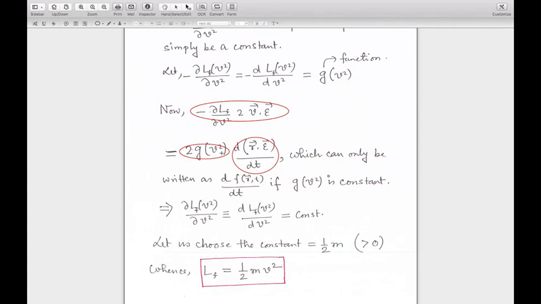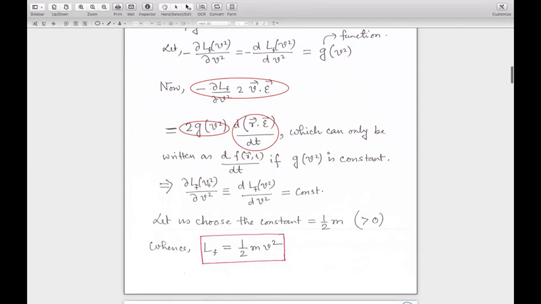And if this is true, then we can simply write that dL_F/d(v square) is constant. So L_F will be linear in v square, and we can write that L_F is equal to some constant times v square.